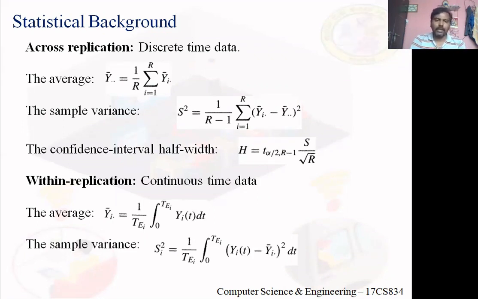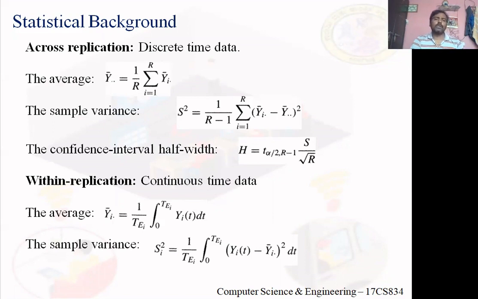Clear? So similarly, in the next run also I need to compute. For example, yi bar here means in the ith run, what is the average queue length? What is the average number of parts in a factory? Got it?